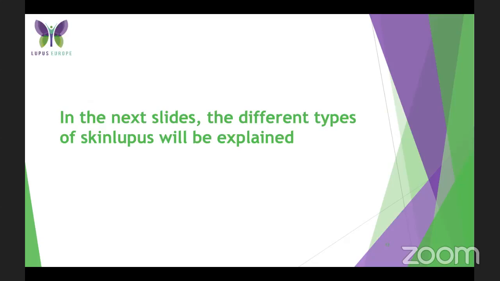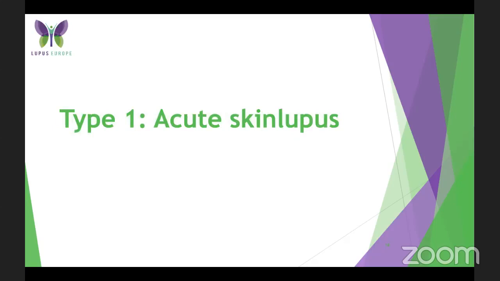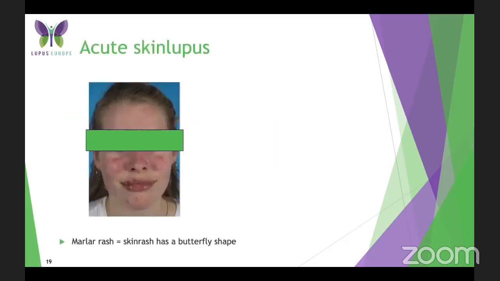Next slide, please. So type 1, the form of skin lupus which is pretty rare, is called acute skin lupus. Next slide, please. And this form of lupus is characterized by a malar rash. This is what we call it in medical terms.